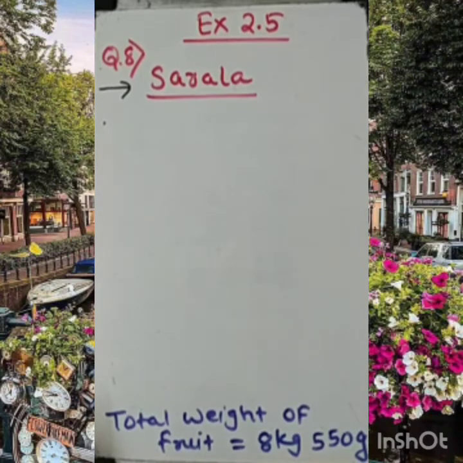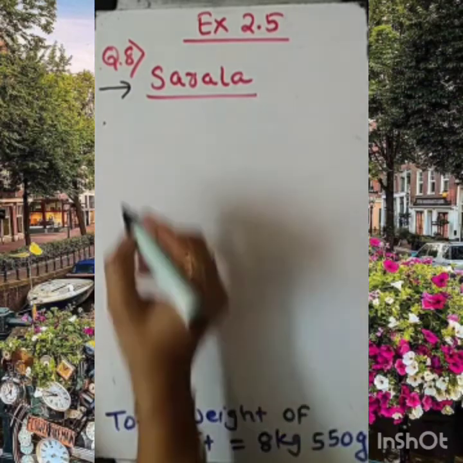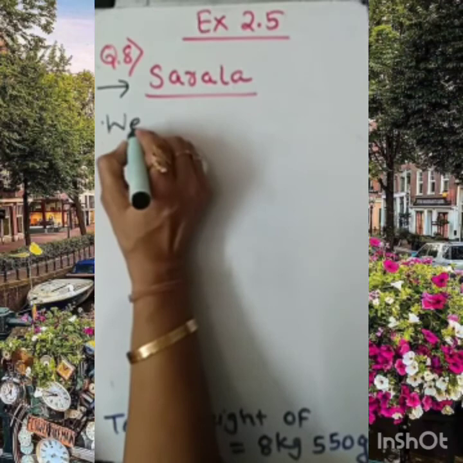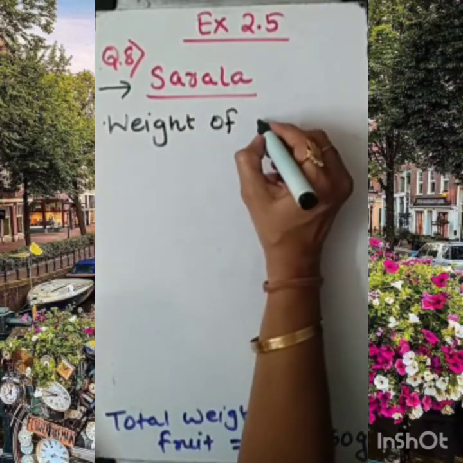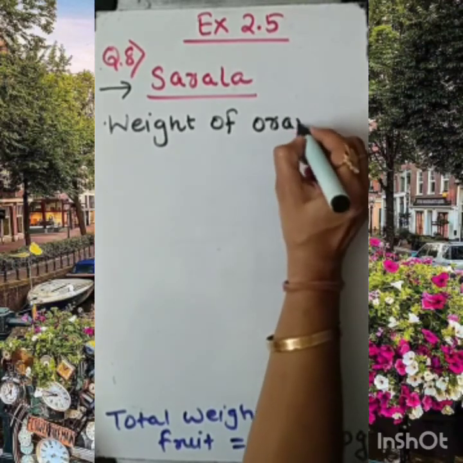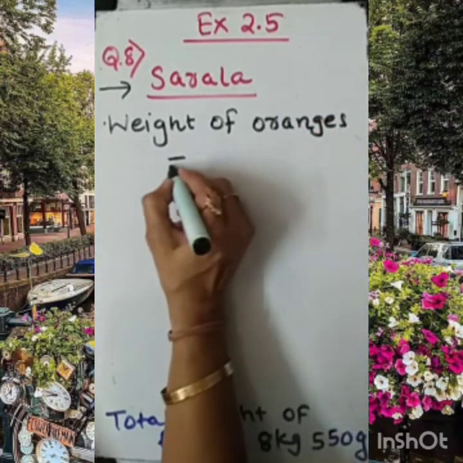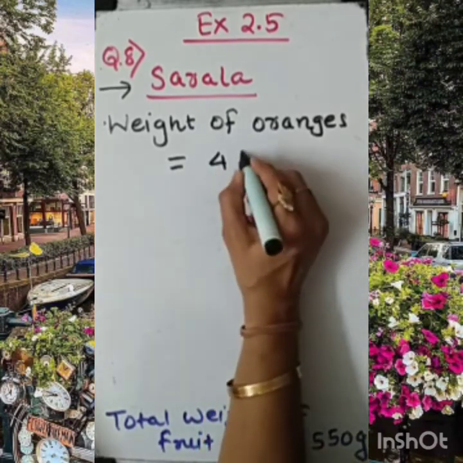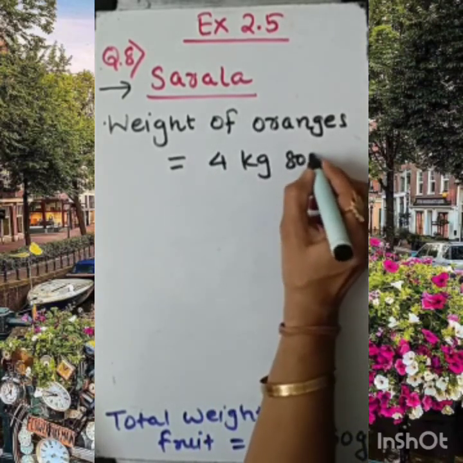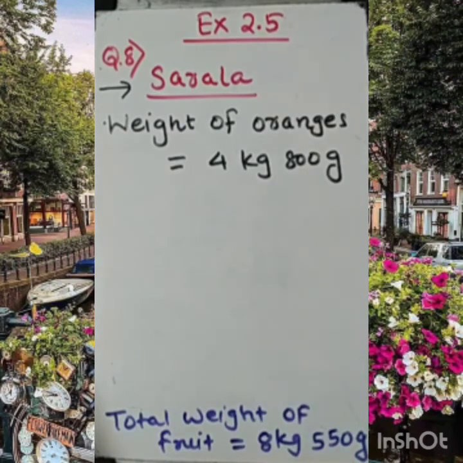She is also purchasing fruits, that is oranges and bananas. Let's note down first the weight of oranges. The weight of oranges we are given here is 4 kg 800 gram. So let me note down 4 kg 800 gram.